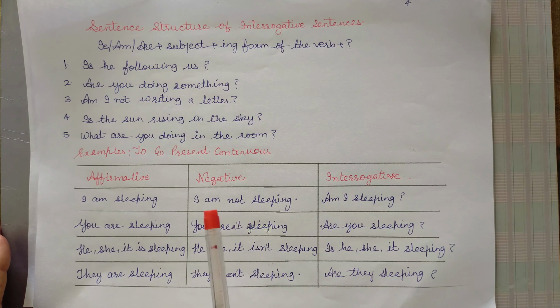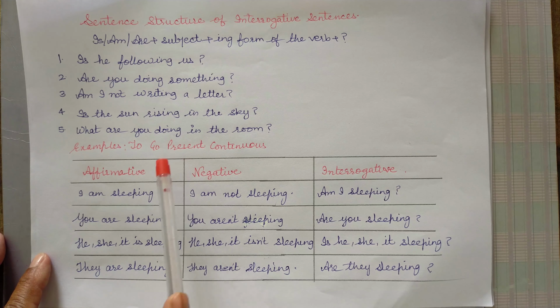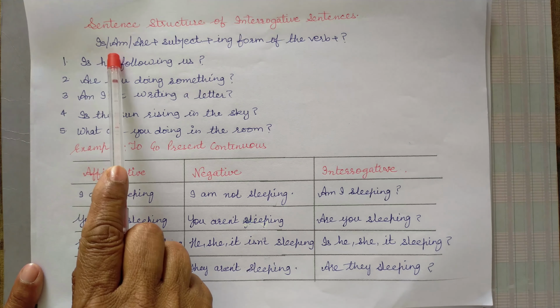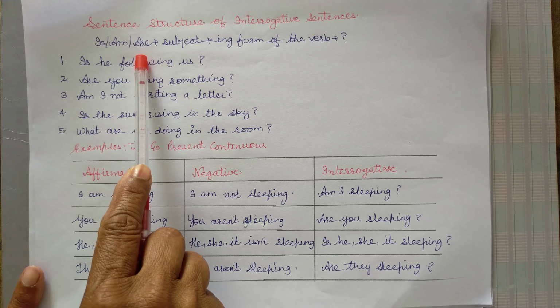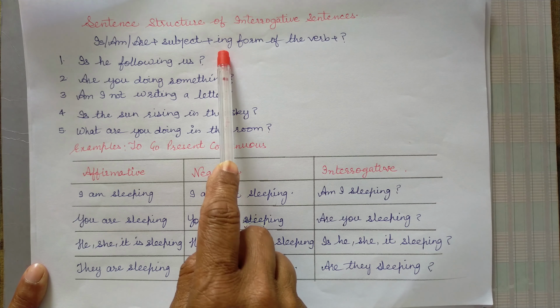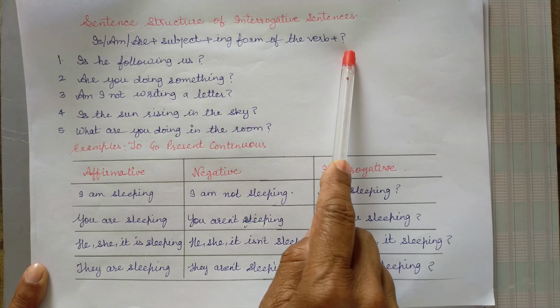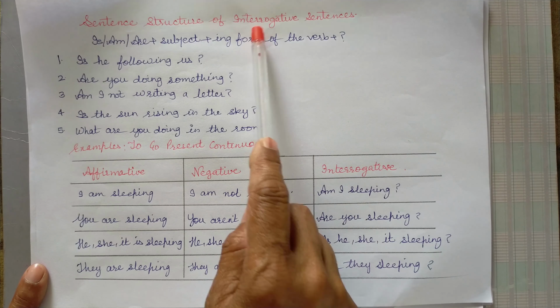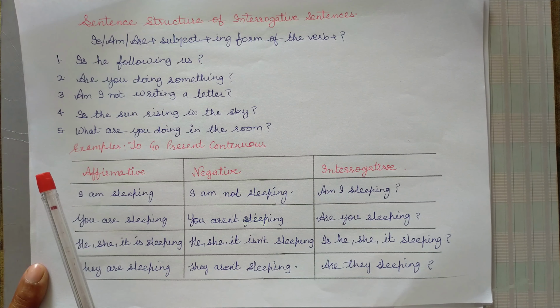Now, sentence structure of interrogative sentences. Is, am, are plus subject plus verb's first form plus ing plus question mark. Question mark is a must in interrogative sentences.